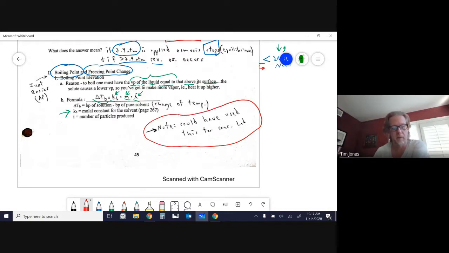But had you known about this concept, you could have used it to solve for at least the molality and probably other forms of concentration. What you could have done is measured the boiling point of the solution you were given, then compared that and used this equation to what it's supposed to be for pure water, and you can actually solve for the molality.